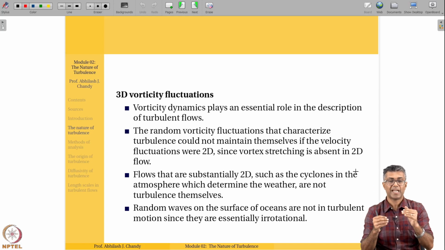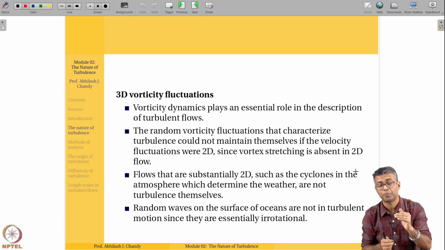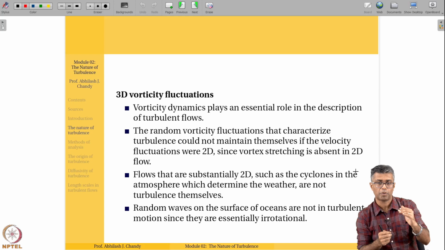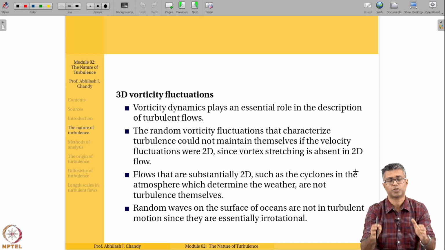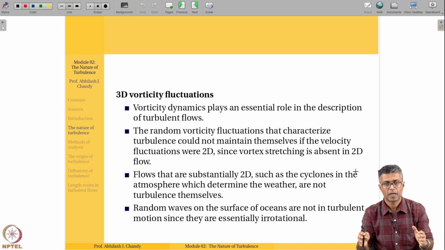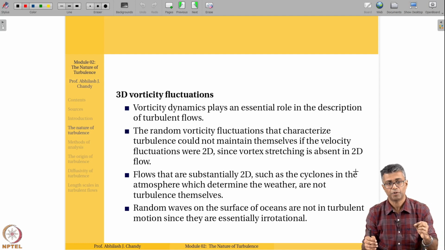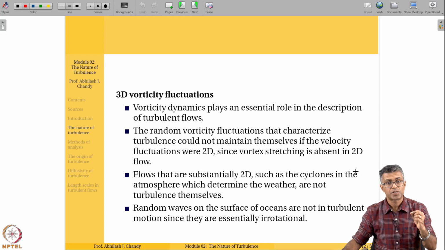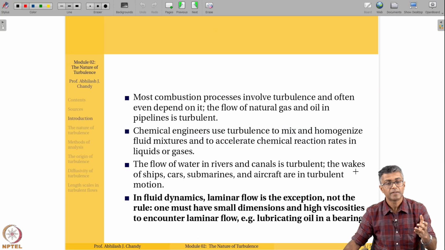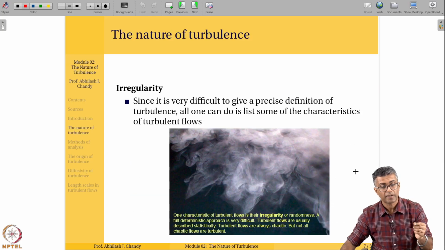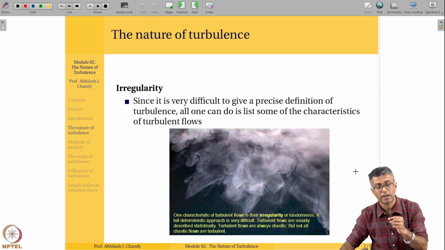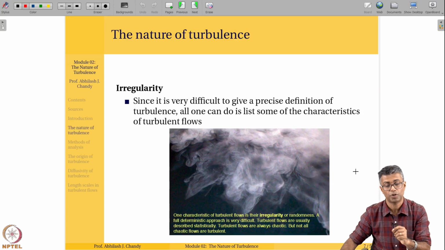So those are some of the attributes that we have discussed here. Like I said, we started describing the attributes mainly because we are not able to come up with a proper definition. There is a modern definition that is accepted now. However, it is important to describe turbulence in terms of the attributes. We started with irregularity. We talked about how turbulent flows are irregular, seemingly random according to the modern definition, although Tennekes and Lumley described it as random.